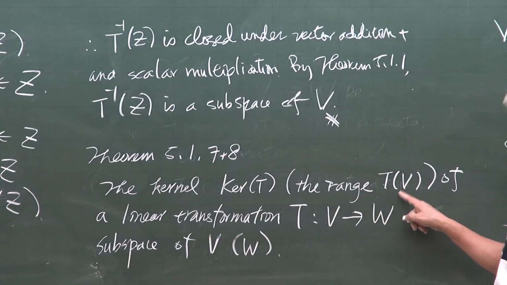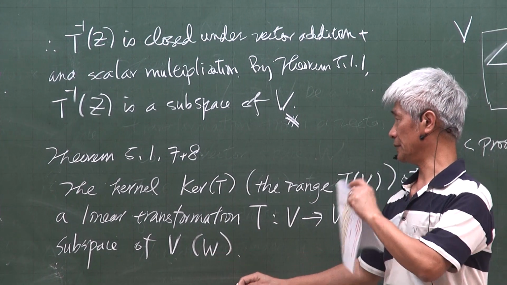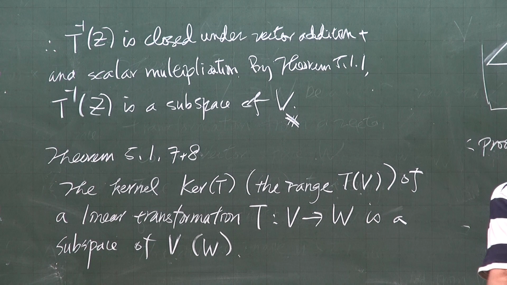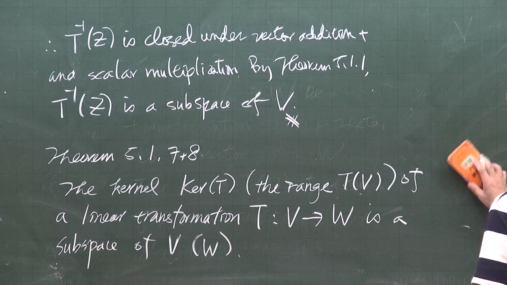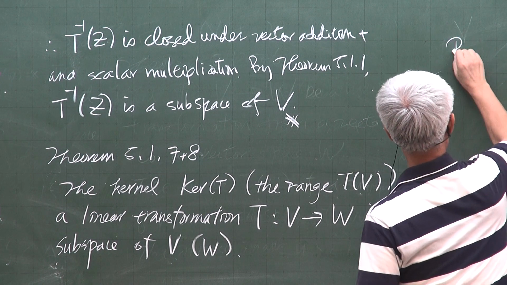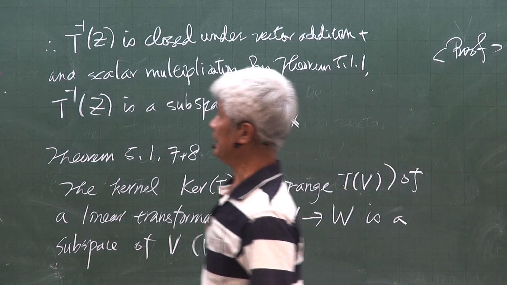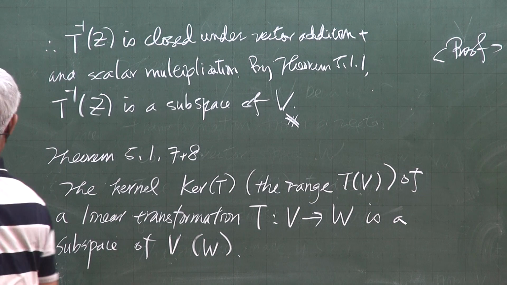The range of T is a subspace of the codomain W. The proof is just an application of the previous theorem.